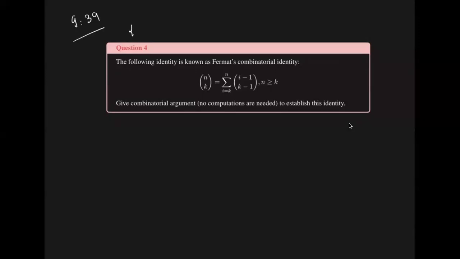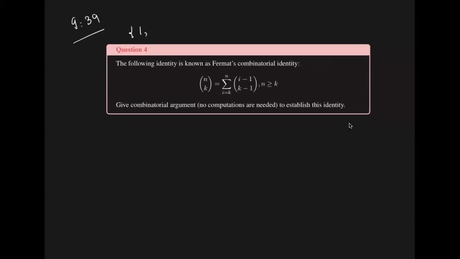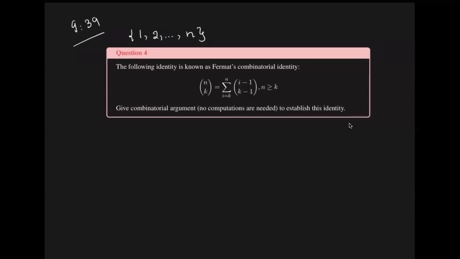Think about how you pick k elements out of a set of n elements like this. So you will have a set of 1, 2, 3, 4, 5 up to n. How many ways are there to choose k elements out of this set? So you can show that the two sides are equal to each other.